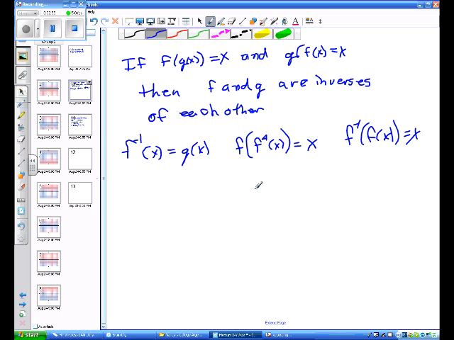When we do our composition and we plug in the inverses of each other, then when we get x for our answer, then that says that our functions are inverses. And if you'll notice, the domain of f of x is equal to the range of f inverse x.